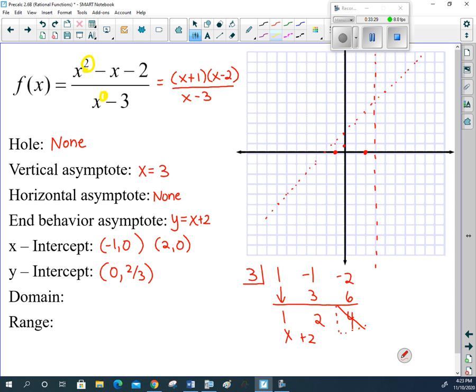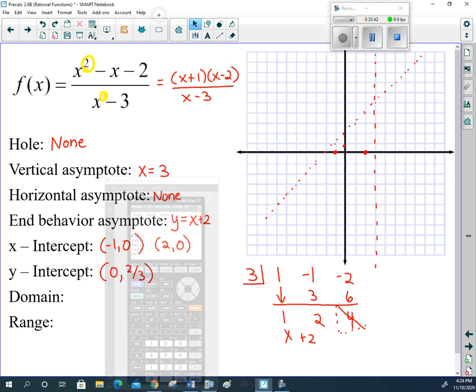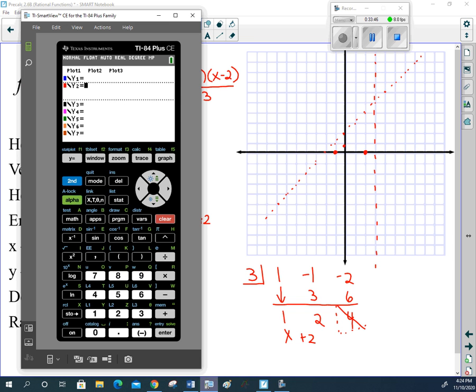Okay, so let's pull up our calculator and type in our equation. So clear that out, and I'm going to clear the other one out. And so it was x squared minus x minus 2 divided by x minus 3.